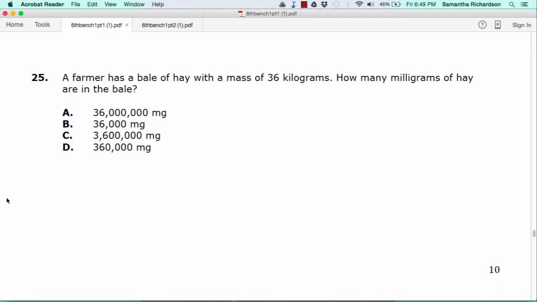B, 36,000 milligrams. C, 3,600,000 milligrams. D, 360,000 milligrams.